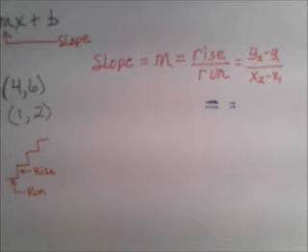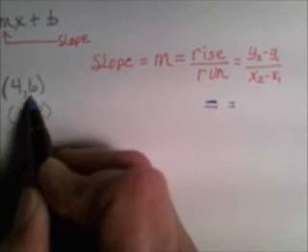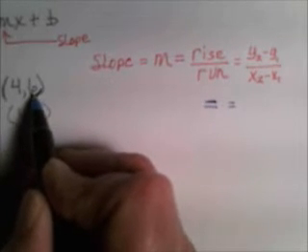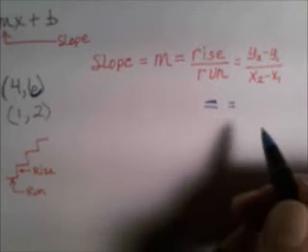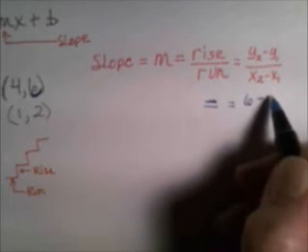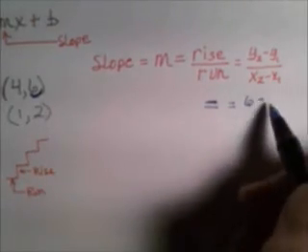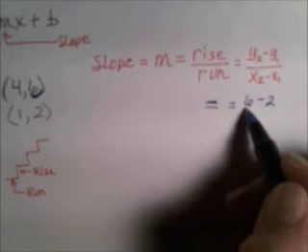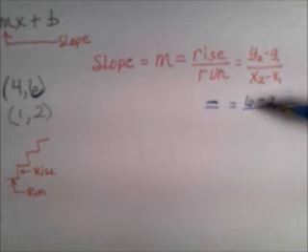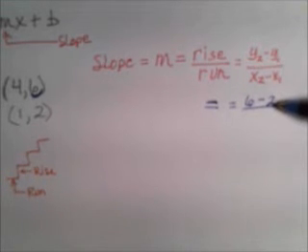Doesn't matter which pair. If we choose the 6, because remember, these pairs are always first x and then y, then we'll write 6 minus, okay, now if we chose the 6 for this y, we're going to be subtracting the 2 from the other ordered pair. So when it says y sub 2 minus y sub 1, it's just saying take one of those y's and subtract the other y from it.